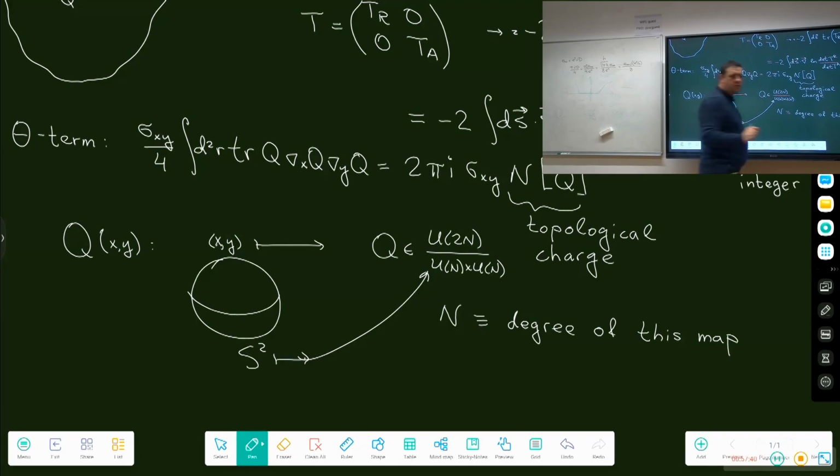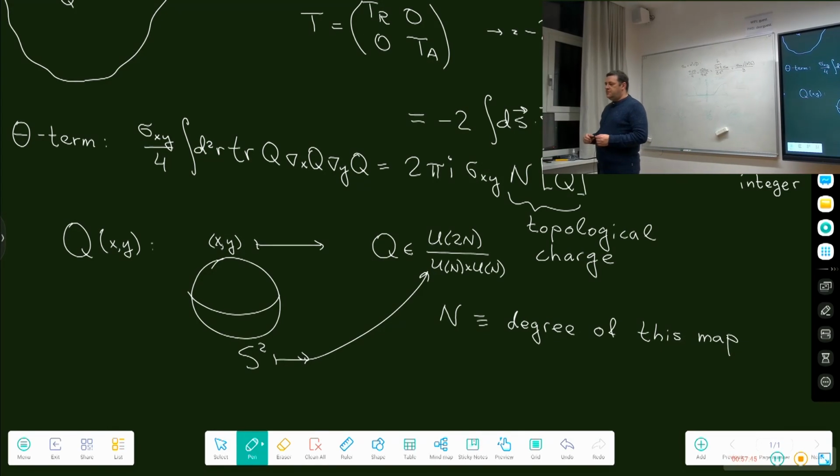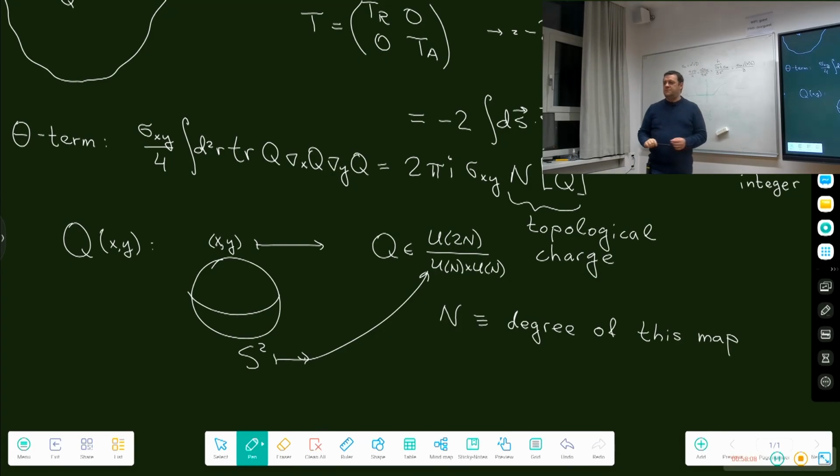How many of you know the term degree of the map? Andrei, what is the degree of the map? How many times a certain point is covered? How many points are mapped to a given one?